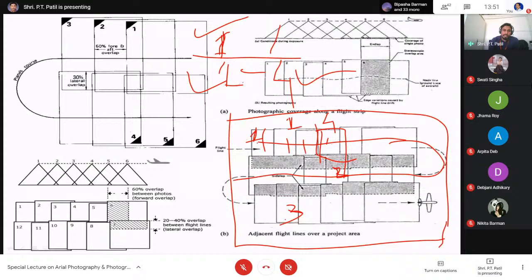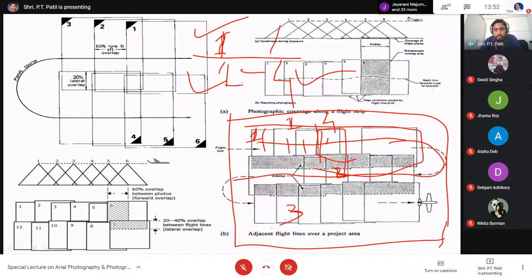Then I will move towards the next aspect, aerial photogrammetry. For aerial photogrammetry, we have to know about stereoscopic imaging. Stereoscopic imaging means, for stereoscopic vision, we require two images with overlap areas between them. Suppose when we took this first strip, some parts overlapped each other.